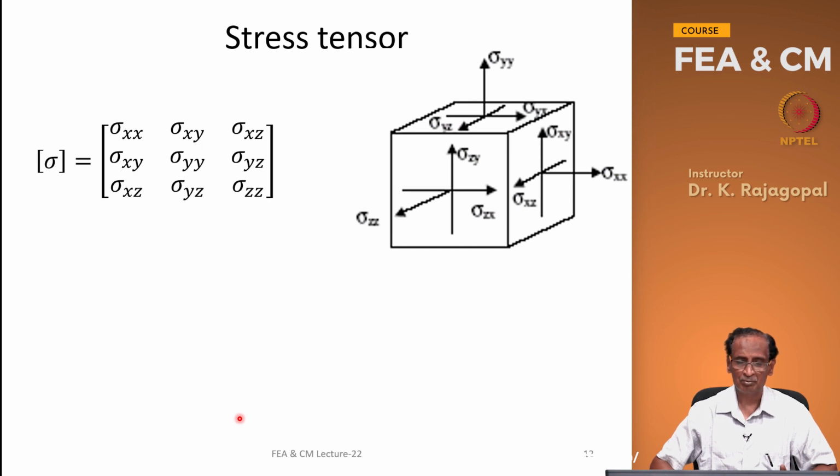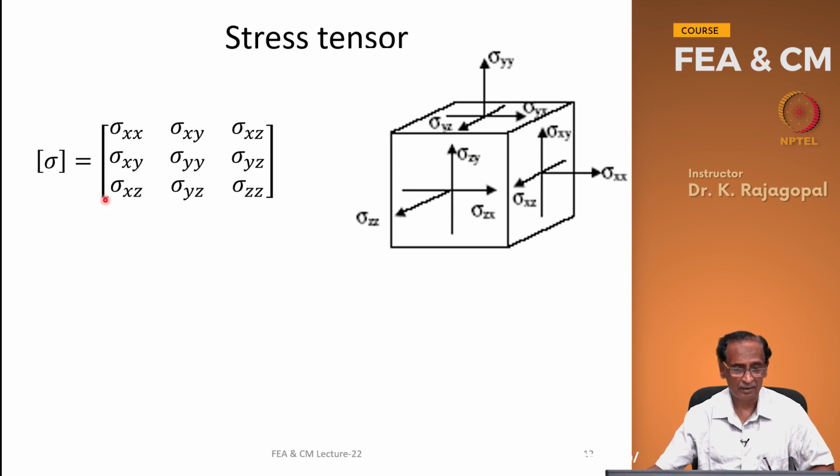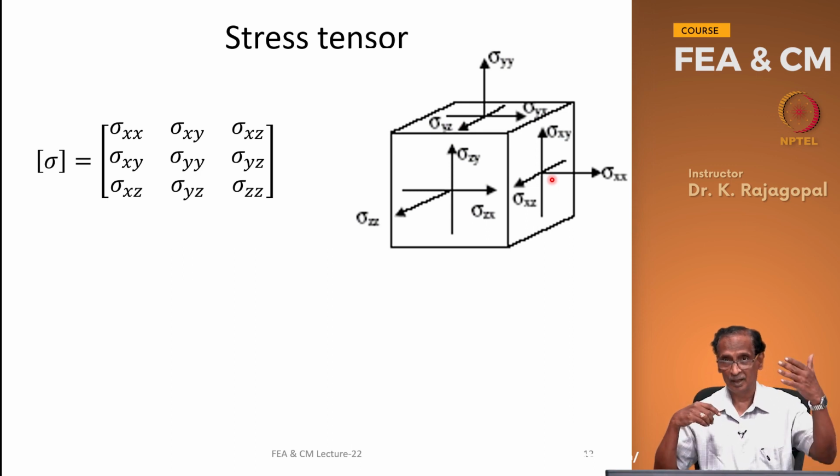And let us look at the stress tensor once again. A 3-dimensional stress tensor is written like this: sigma xx, sigma yy, sigma zz. These three are the normal stresses. Sigma xy, sigma xz, sigma yz are the shear stresses, and we have seen this diagram earlier, and the convention is that the first index denotes the plane normal to that axis.